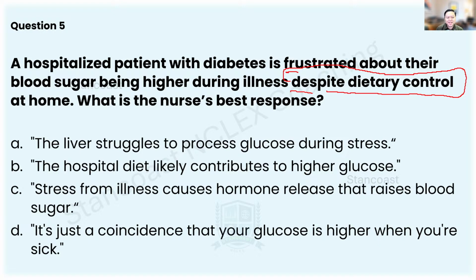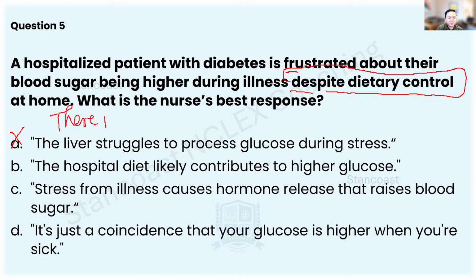Well, to explain this, letter A, the liver doesn't have an impairment in glucose metabolism during stress. However, the liver will produce more glucose due to the stress hormones. This is incorrect.